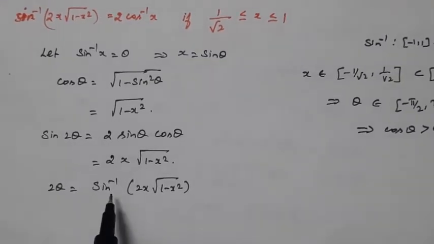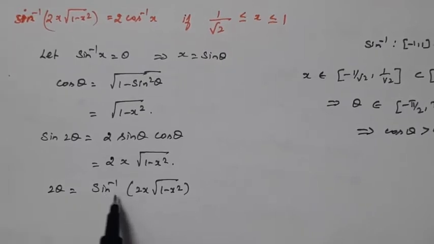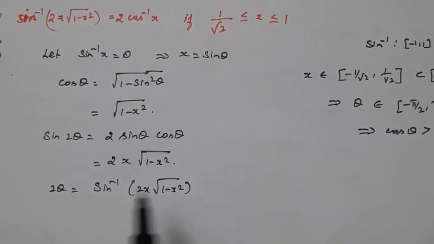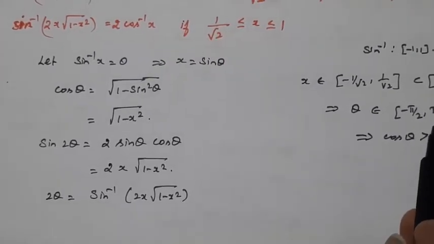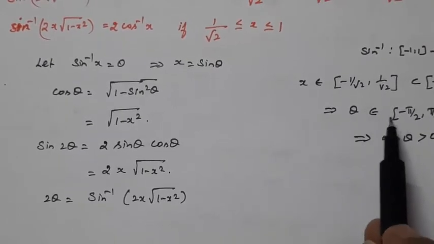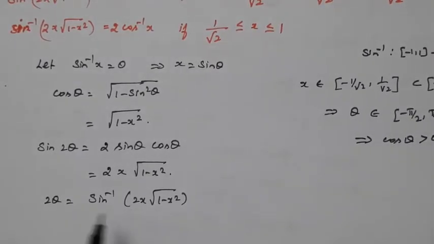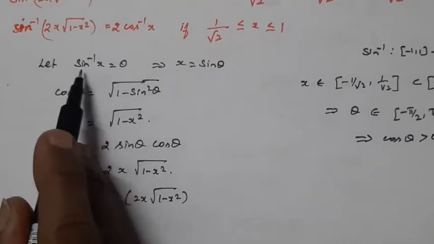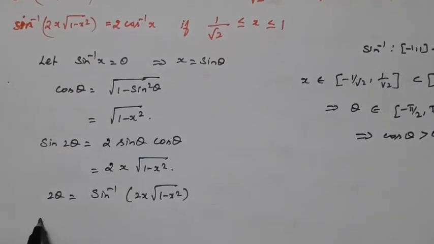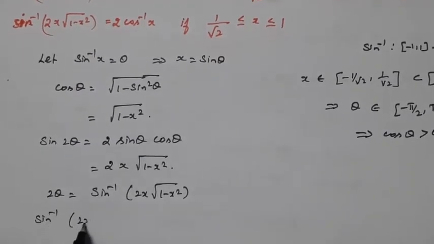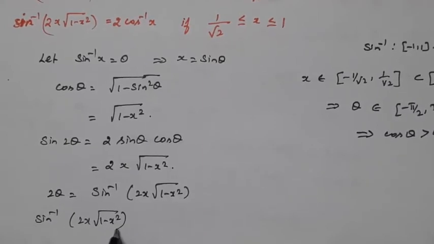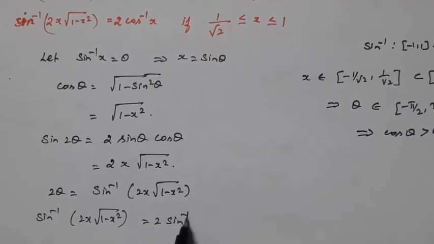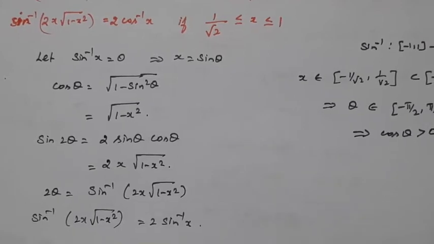Moreover, to define sin inverse of x, theta should belong to the interval minus pi by 2 to pi by 2. Here theta belongs to the same interval, therefore it is well defined. Therefore, we can replace theta by sin inverse of x, and hence sin inverse of 2x into root of 1 minus x squared is equal to 2 sin inverse of x. Okay, hence the proof.